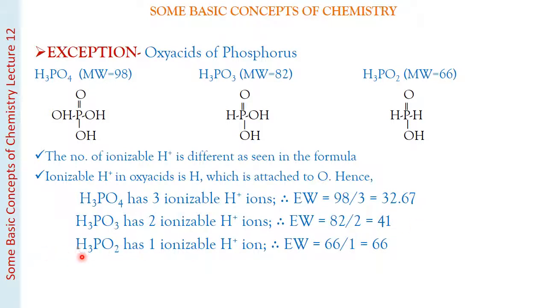And for H3PO2, it has 1 ionizable H ion, so the equivalent weight would be 66 divided by 1, the answer being 66. So I hope it is clear to you, the exception as well as the general rule for finding the Z factor for the acids and bases.